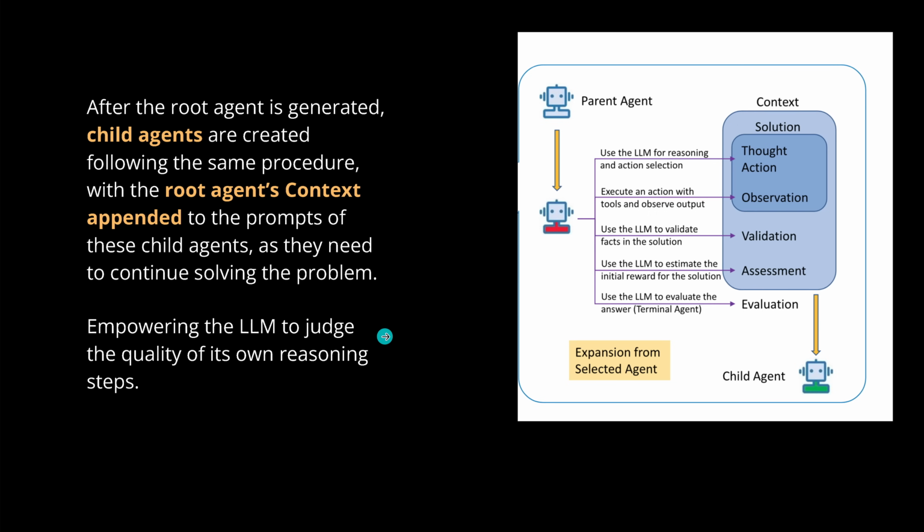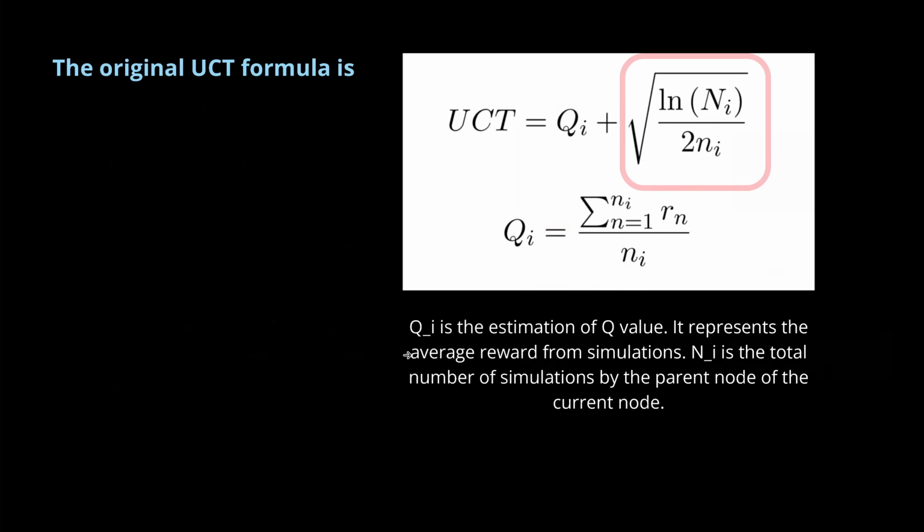So we say, hey, we have this LLM and this LLM is beautiful. So why not give the LLM also the power to judge its own reasoning step? Because whatever the LLM is going to hallucinate or has knowledge of, or we have fine-tuned on a particular domain knowledge, we want this domain-specific LLM to judge the quality of the reasoning step given the domain facts. So we use the LLM.